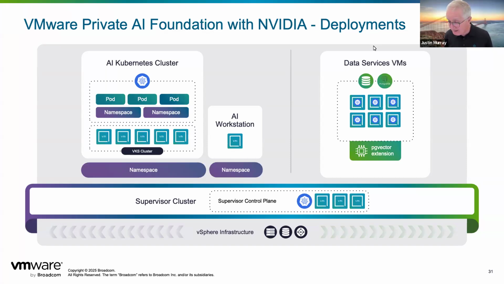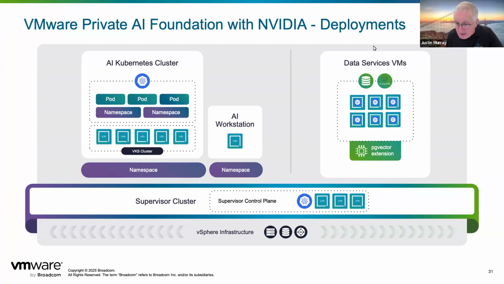There will be many of these because you're going to have a development cluster, a testing cluster, a staging cluster, and a production cluster at the very minimum. So this is what an AI Kubernetes cluster looks like. It's just a VKS cluster, VMware Kubernetes Service Cluster, formerly called TKG cluster, that has been provisioned as a result of asking the supervisor cluster to do it.